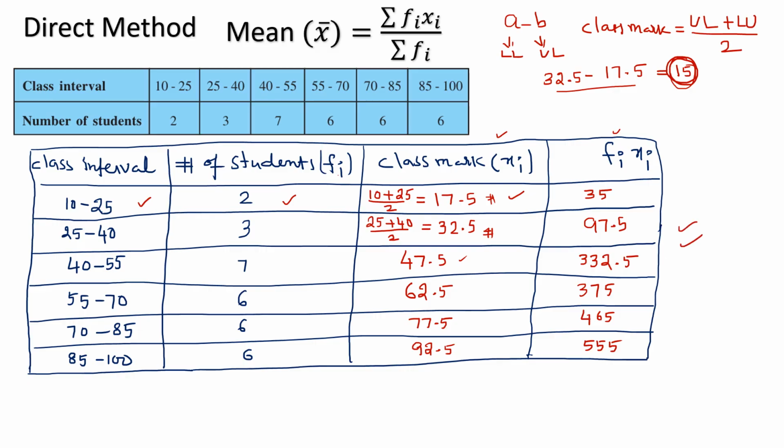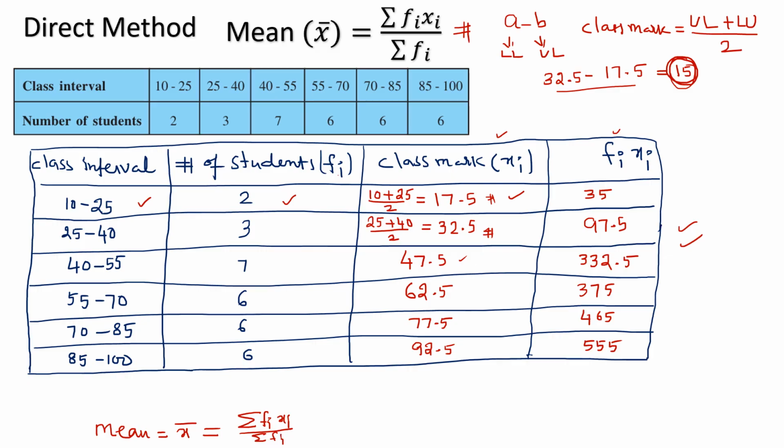So let us now find the mean. This is the formula. The mean, denoted by x bar, is equal to sigma fi xi divided by sigma fi.